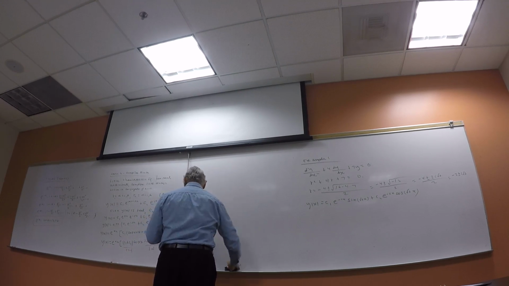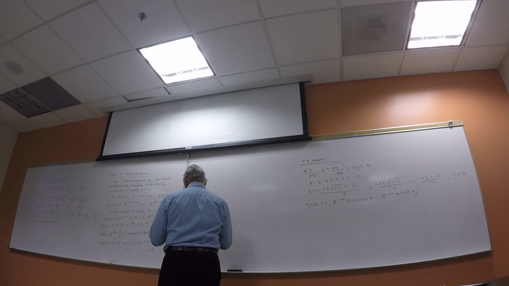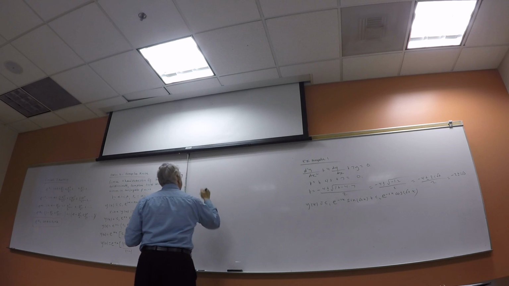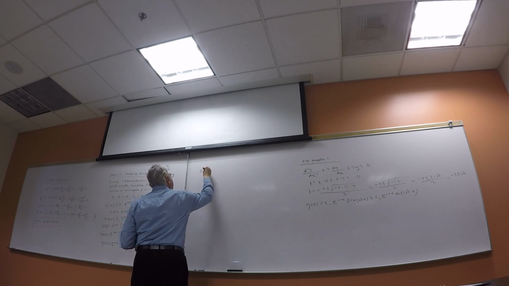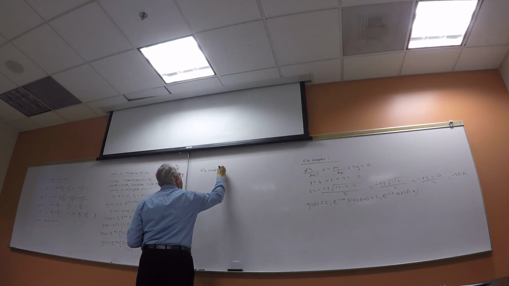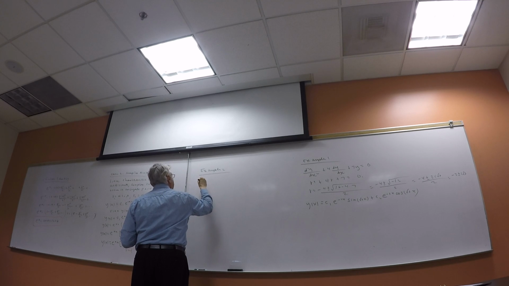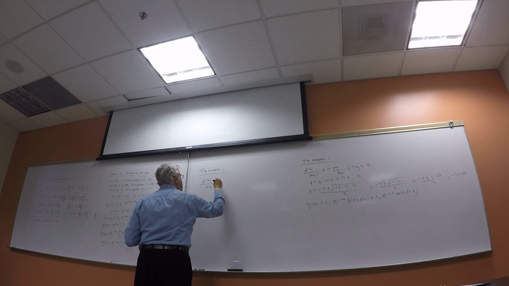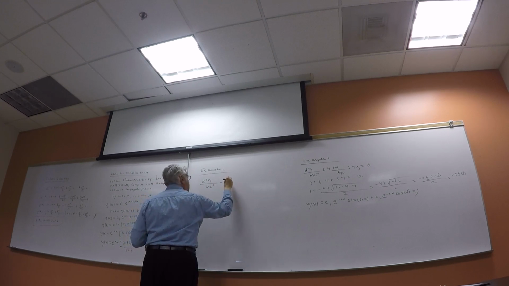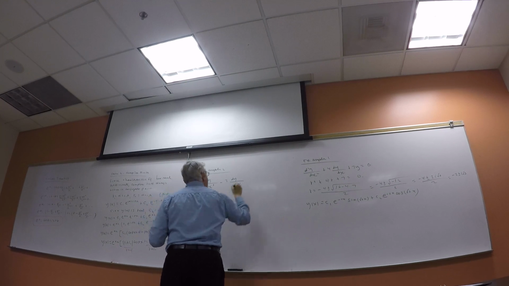Complex roots. Third order equation. Third derivative of y with respect to x minus 2 dy/dx minus 2 times the second derivative. There is no second derivative here. Plus 2y equals 0.